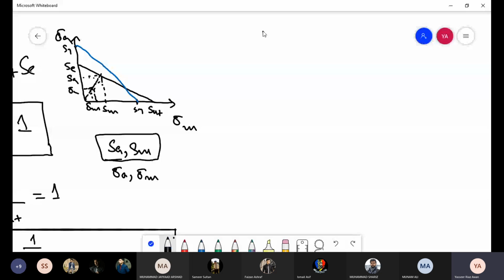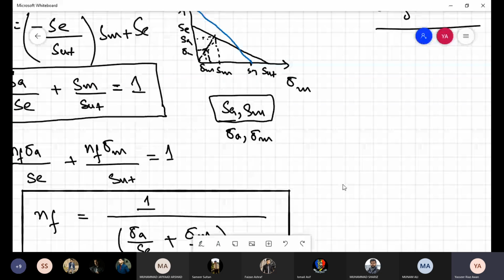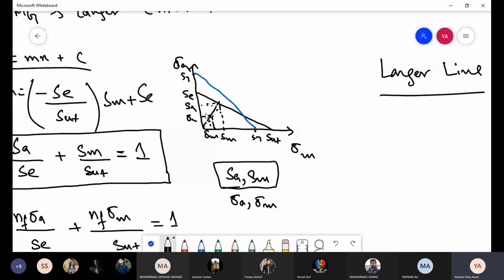So for the yield check along the Langer line, we write the equation. Similarly, y is equal to mx plus c, and we will have an equation similar to this one, where the limit for SA is also SY and for SM is also SY, equal to 1. So this is the equation for this line.